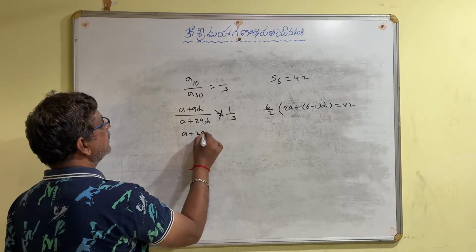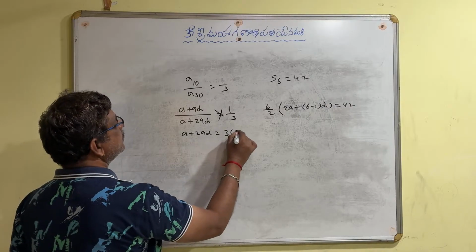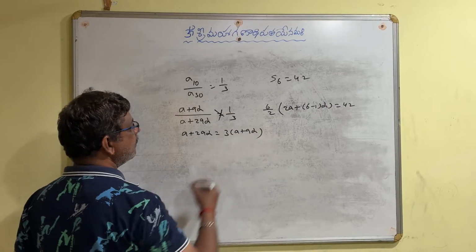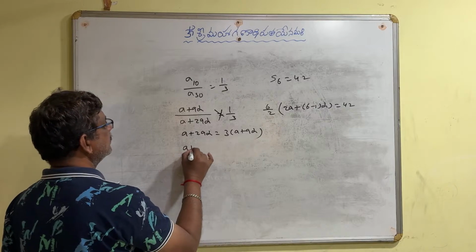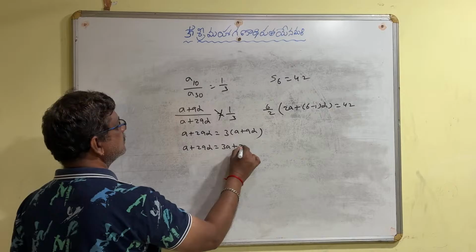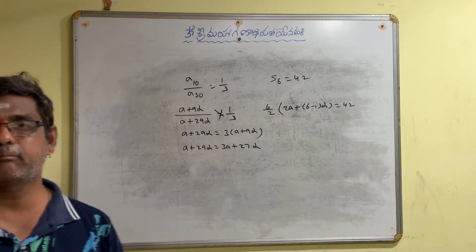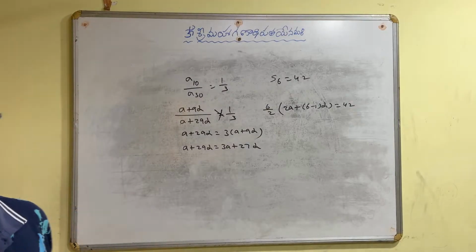A plus 29D is equal to 3 into (A plus 9D). A plus 29D is equal to 3A plus 27D.